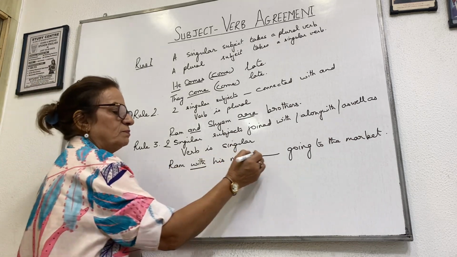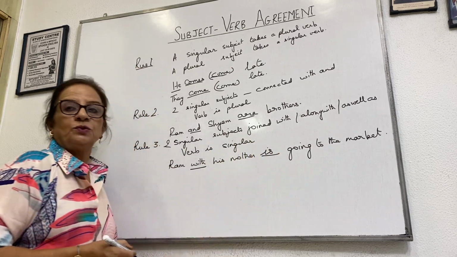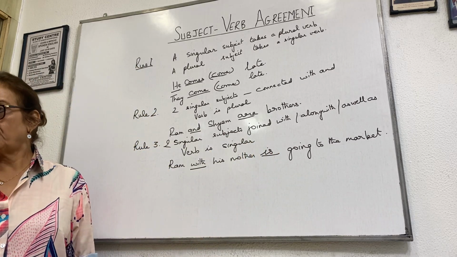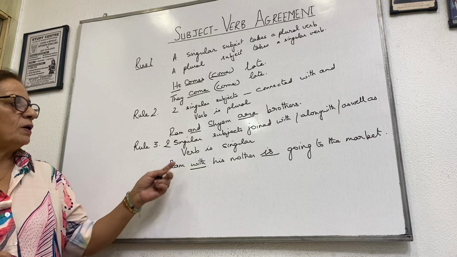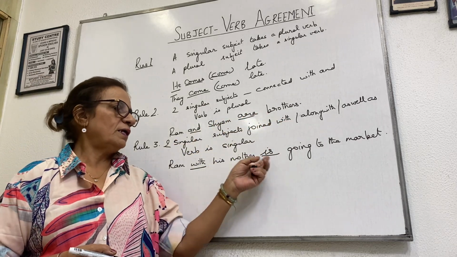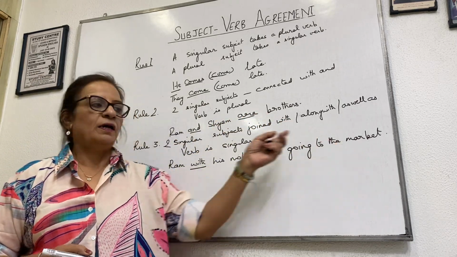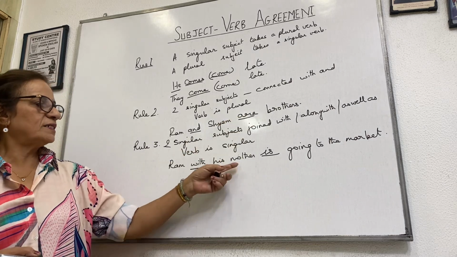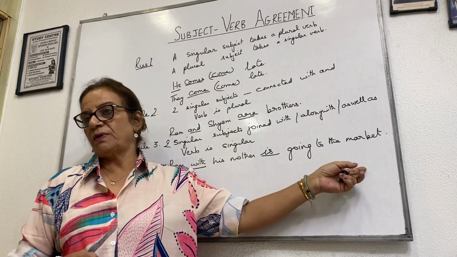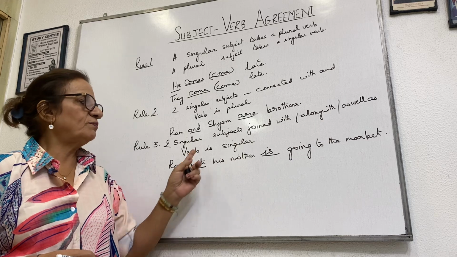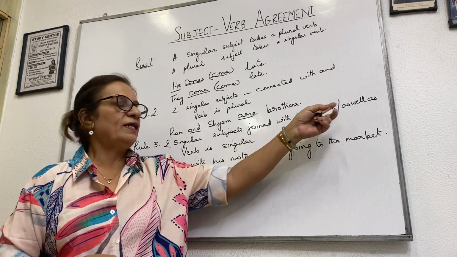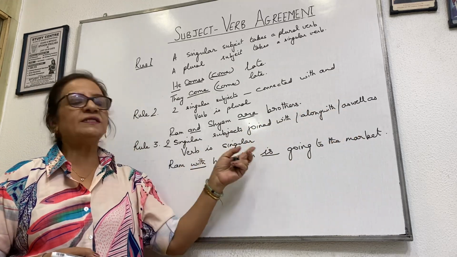So, Ram with his mother is going to the market. Ram along with his mother is going to the market. Ram as well as his mother is going to the market. So when it is connected with with, along with, as well as, then the verb is singular.